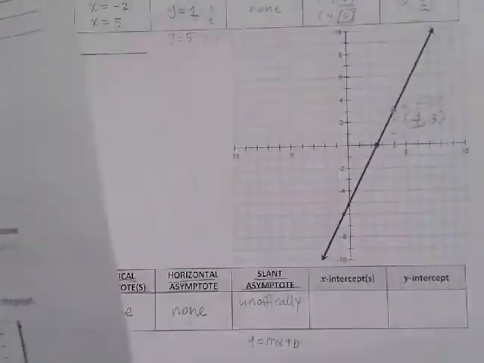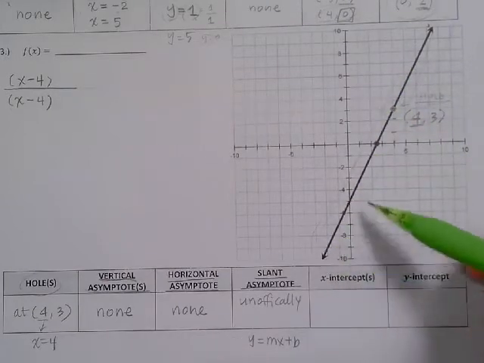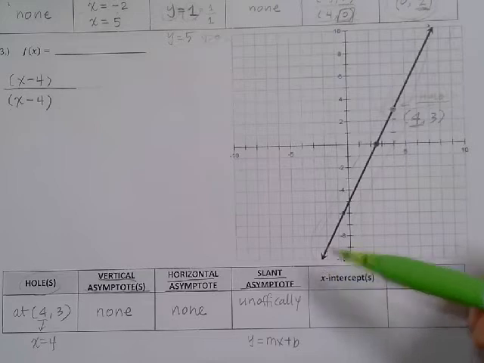So now, we need to know what this unofficial slant asymptote is for this case, so that we can go further.